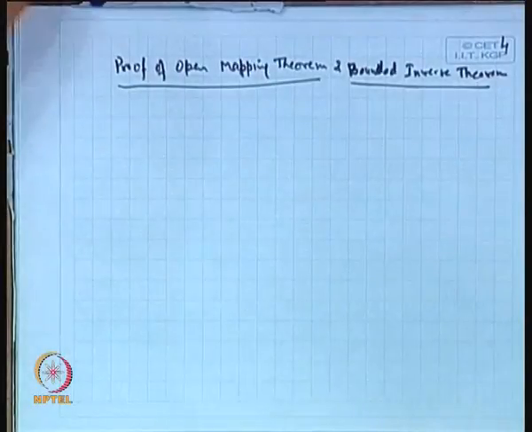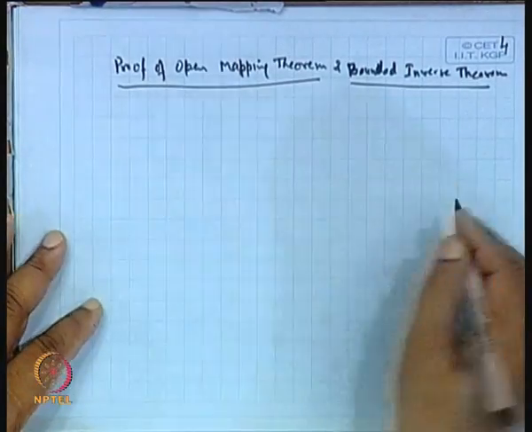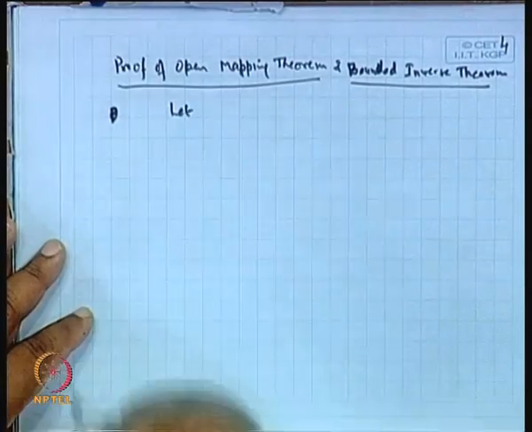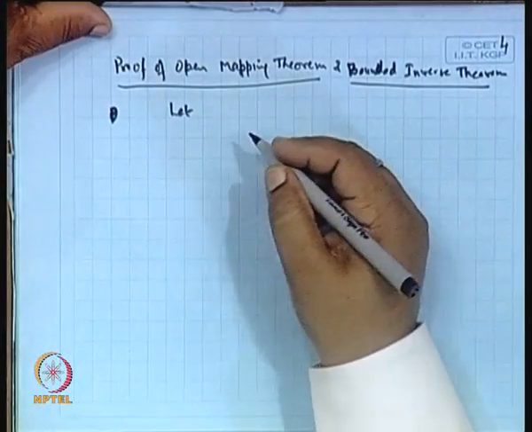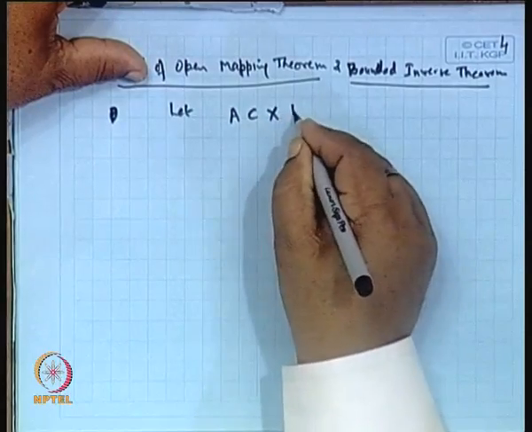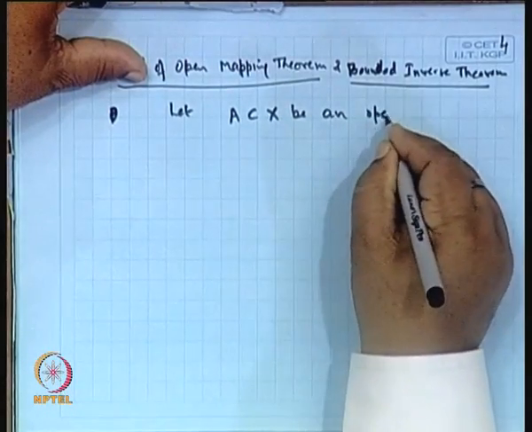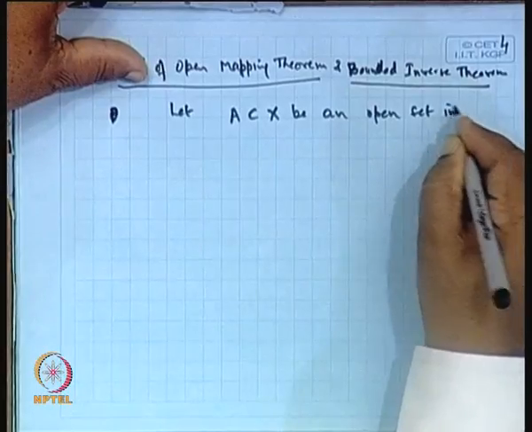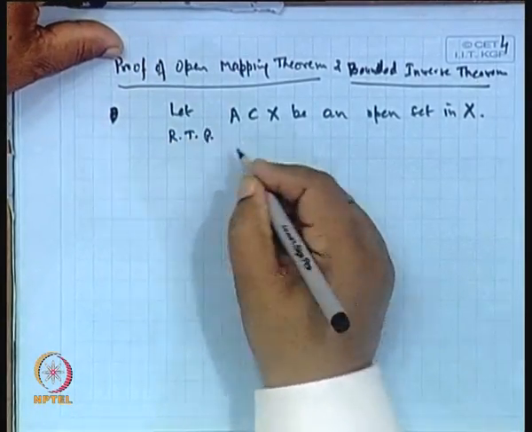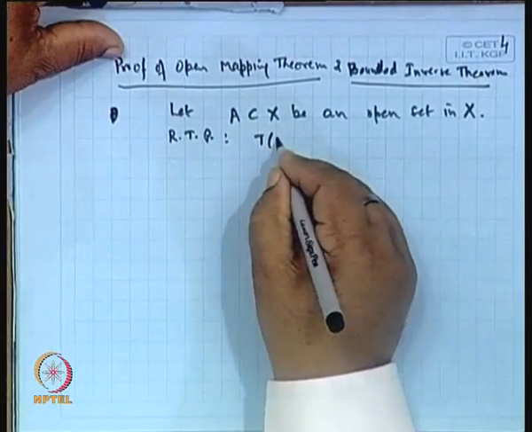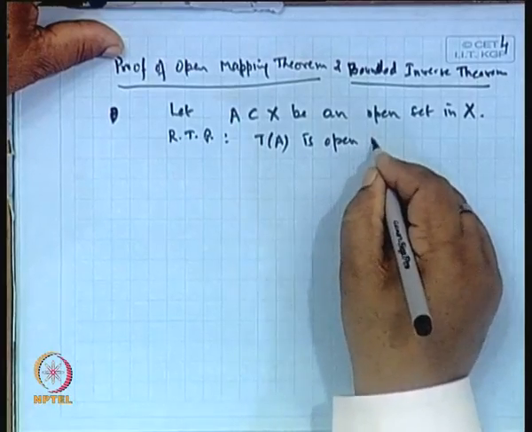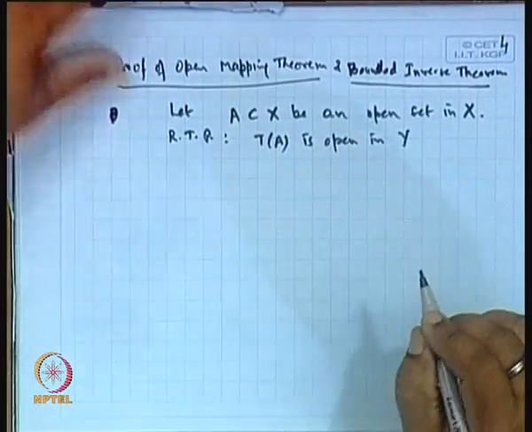So, let us see for every open set. Let A, which is a subset of X, be an open set in X. Now, what is required to prove is that the image of this A under T is open in Y. This we wanted to show.